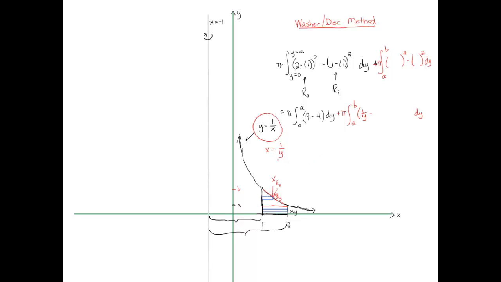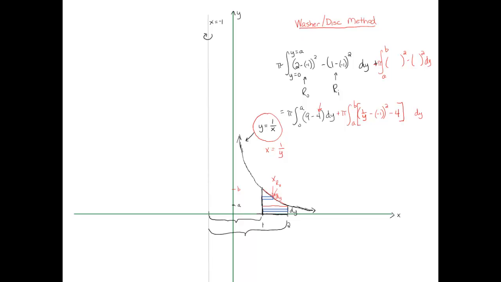And remember, subtract off your center of rotation, which is a -1, squared, and then minus your inner radius. And we've already done the inner radius, actually. It's just the same inner radius. It's just 4. It's 2 squared, which becomes 4.